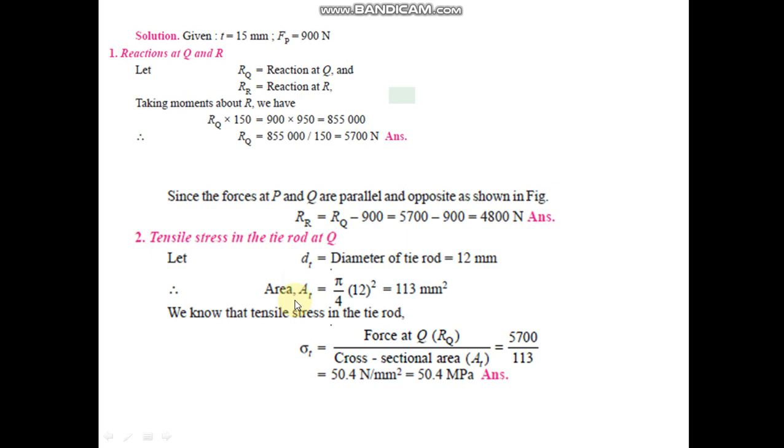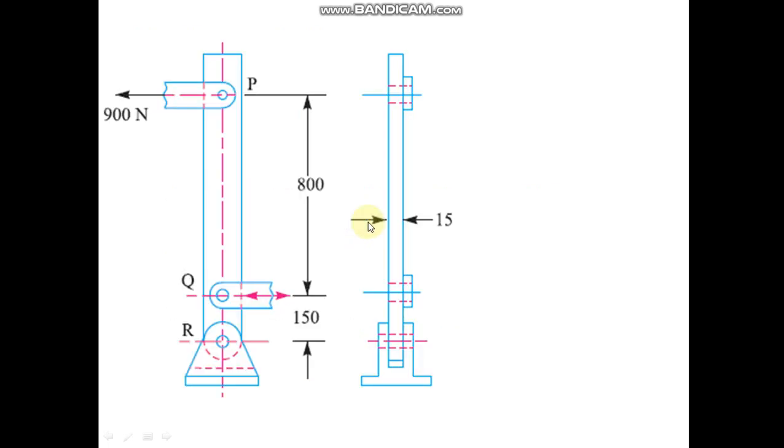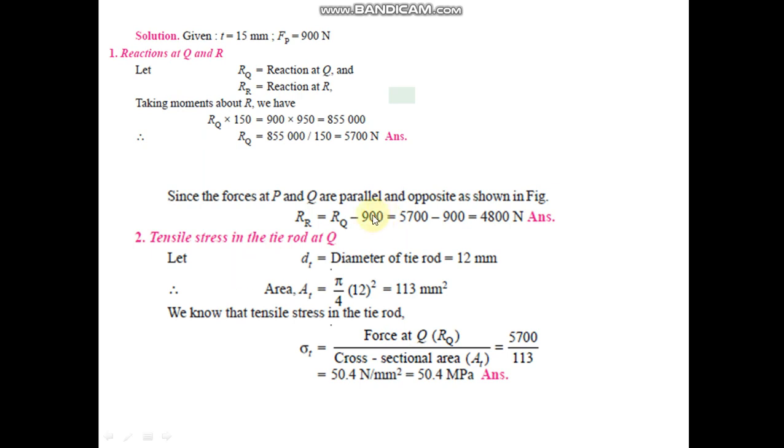So we will balance the moments and find RQ reaction at point Q. Similarly, we can find reaction at point R, which is RQ minus 900. So RQ is acting in the right direction and 900 is acting in the left direction. So the reaction at point R will be the difference of these two forces, that is RQ minus 900. That is 5700 minus 900, 4800 Newton.